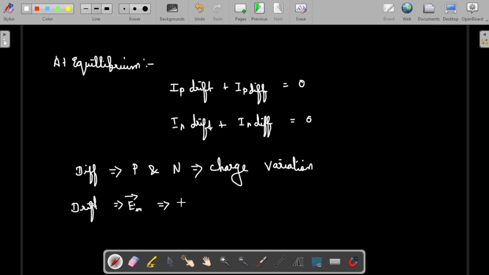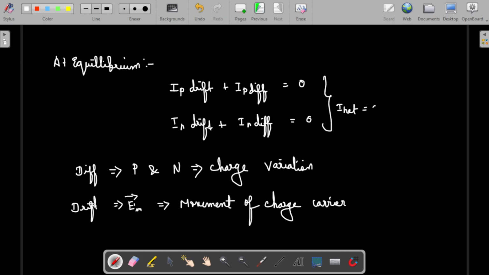Because of that, some drift movement of charge carriers will take place. But both will be in opposite directions, so that the total current I net will be equal to 0. We already discussed this in the semiconductor discussion. So without external supply, everything will be equal to 0.